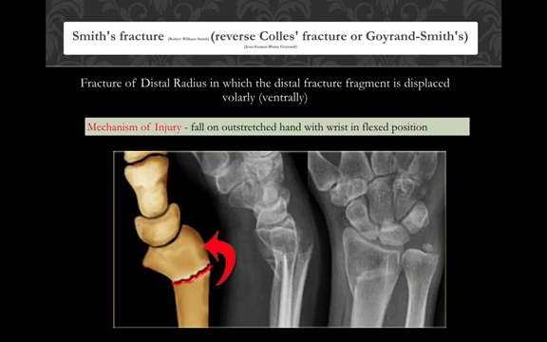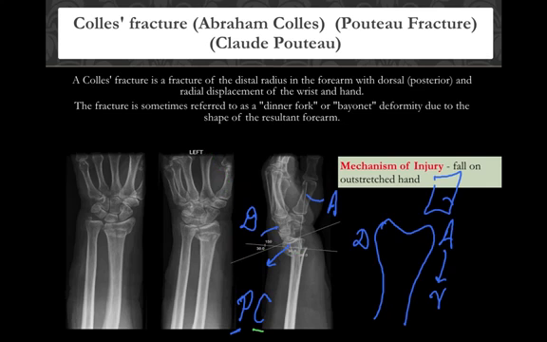Opposite of it, extra-articular fracture means away from the joint. Going anteriorly, this is the first metacarpal, so that's the anterior aspect. Going anteriorly is Smith. Colles fracture leads to the dinner fork or the bayonet deformity.